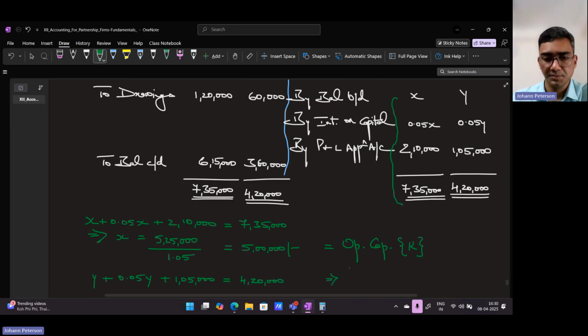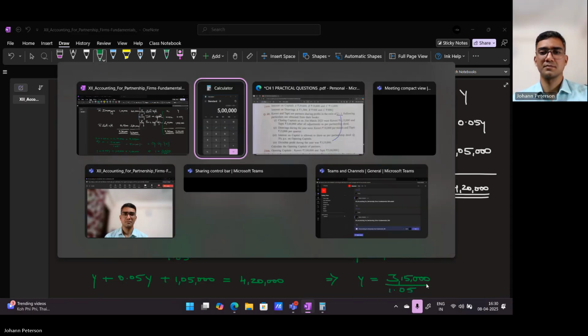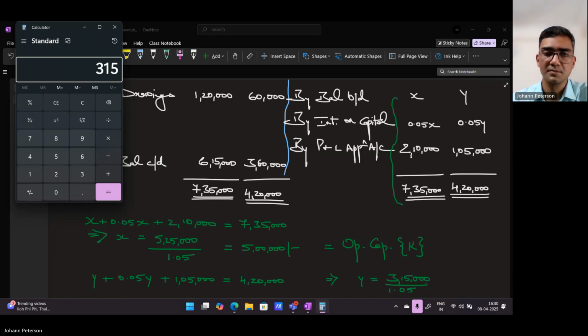This implies Y equals 420 minus 105 makes it 315 upon 1.05, which comes out as 3 lakh.